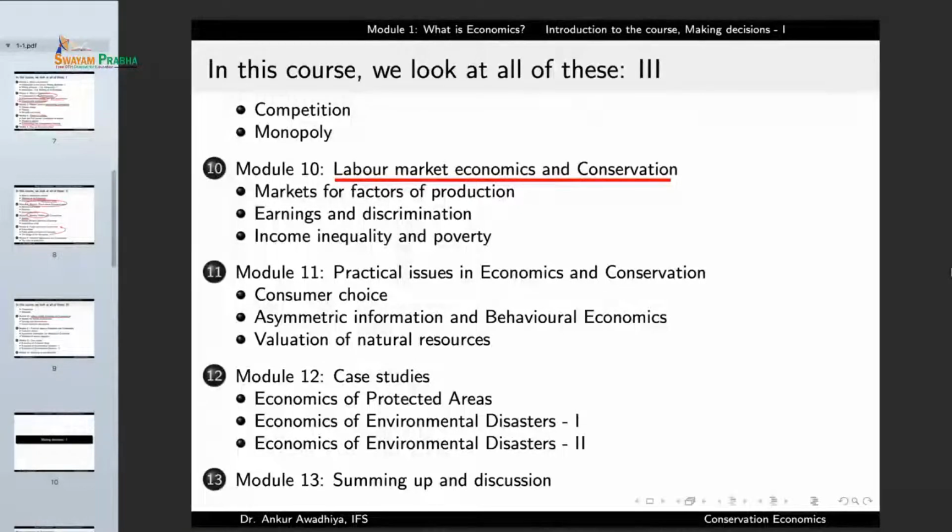And from Module 1 to 10, we will be working on several theoretical aspects. That is, we will make certain assumptions that people are rational beings, that people want to maximize their surplus or their benefit. But then, in a number of cases, these assumptions do not hold true.